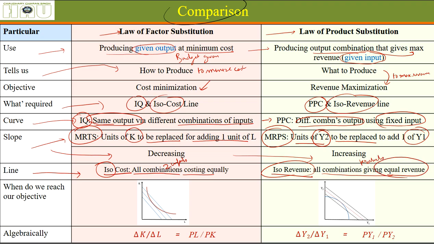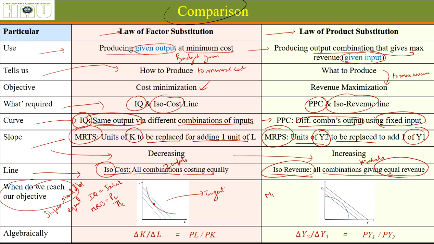Okay, so when do we reach our objective? Simple. Slopes should be equal. Here the slope of ISO quant should be equal to the slope of ISO cost line, that is MRTS should be equal to PL by PK, and it will be at a point where these two are tangent.